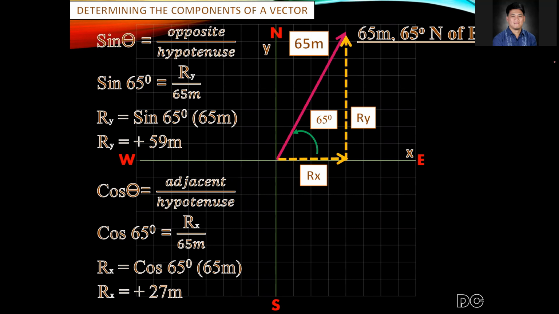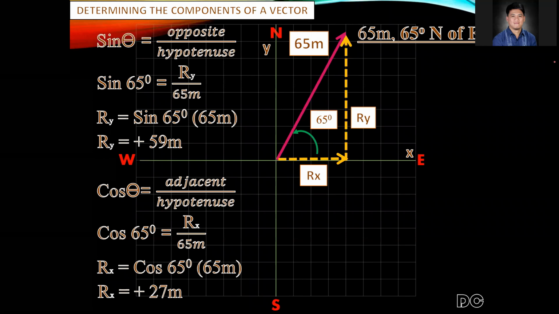Okay, what if we have three given non-collinear vectors? What if we have three or more non-collinear vectors? How can we add these vectors?